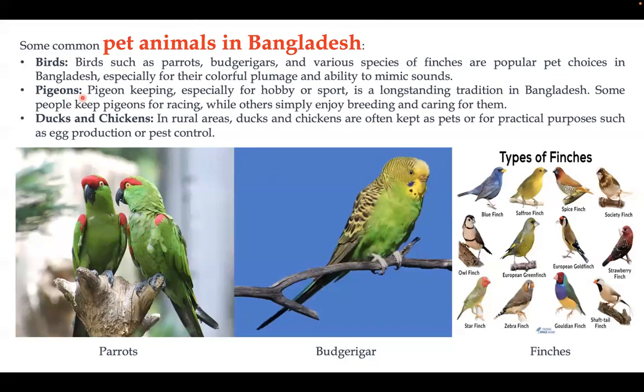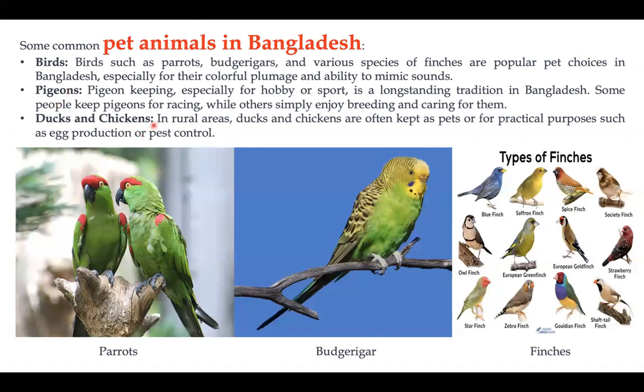Some of the pigeons are reared for racing or exhibition purposes, for their exceptional feather structure or beauty. And some of the pigeons are reared only for the leisure or time passing of the owner.